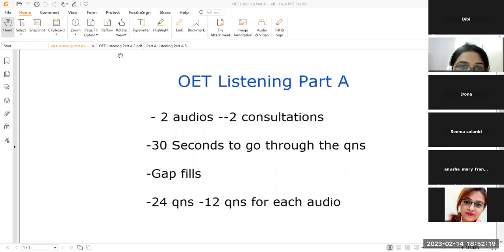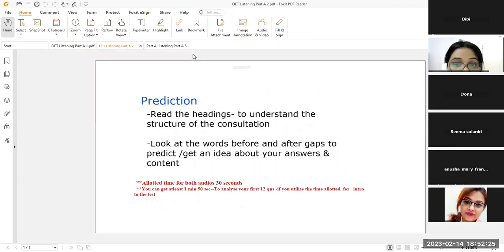Right. So the best way to approach part A is all about prediction. When you get this 30 seconds, you read the main headings. The content and scenario of both consultations are completely different. During the 30 seconds, you start with the main headings.